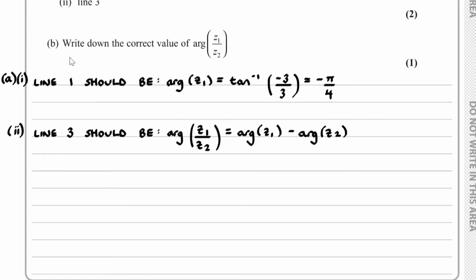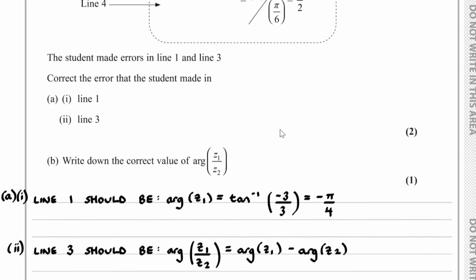And then for part B, we have to write down the correct value of the argument of z1 over z2. Well, now that we know what line 3 should be, we can substitute in the value of the argument of z1.